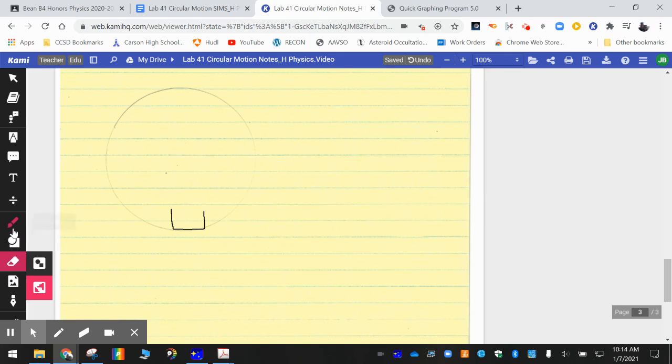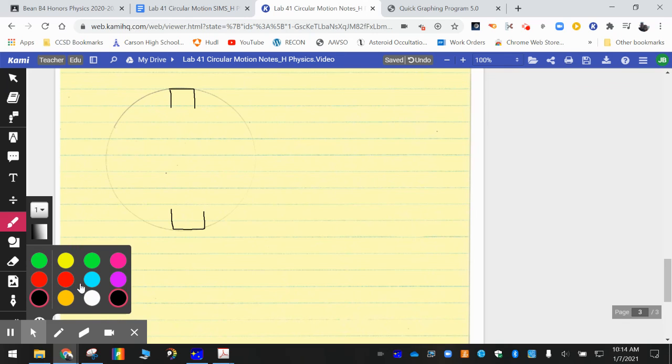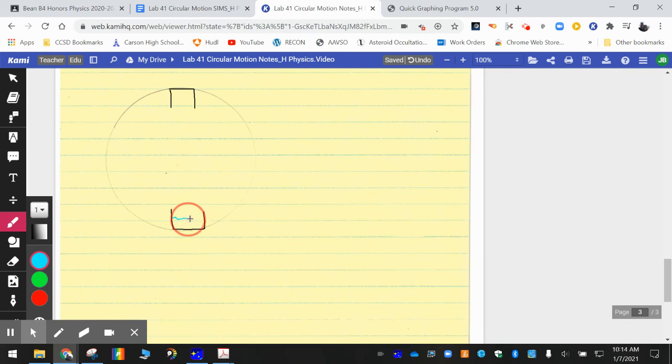Here's a bucket, and there's some water in it. We'll use blue for water. We'll color in the water here, and let's say it's going in this direction.